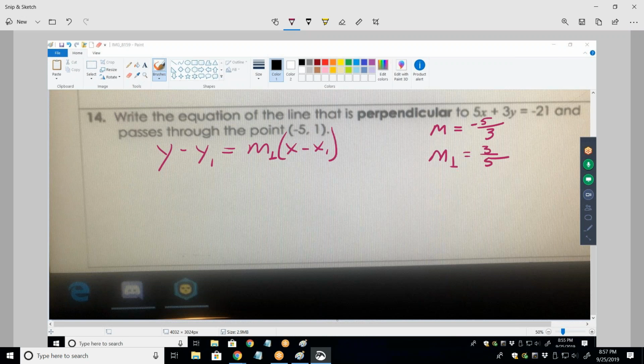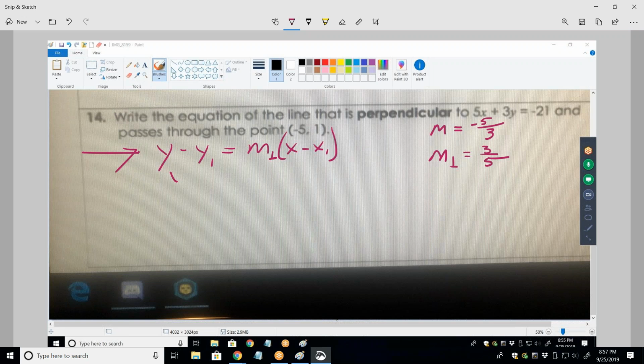So fill everything in. What do we got? y minus 1.